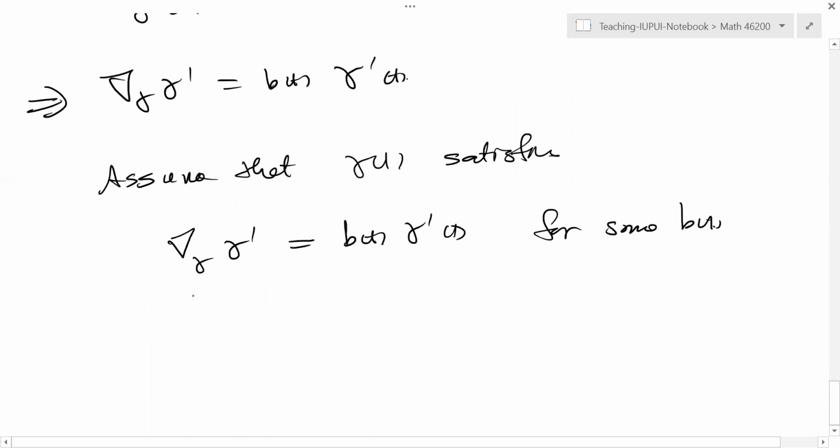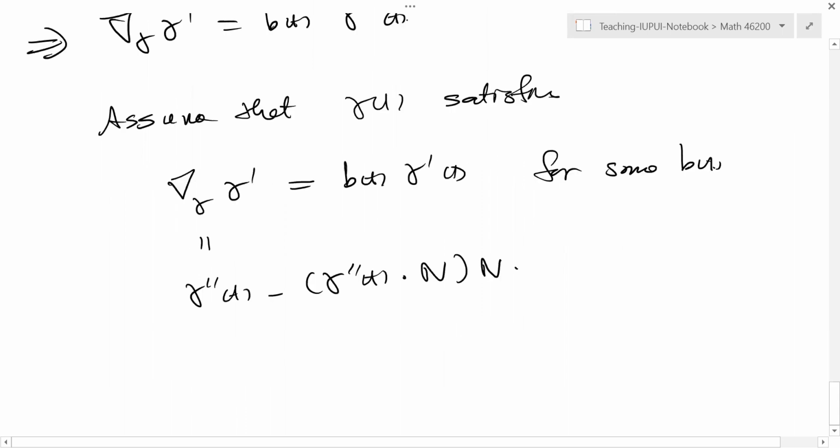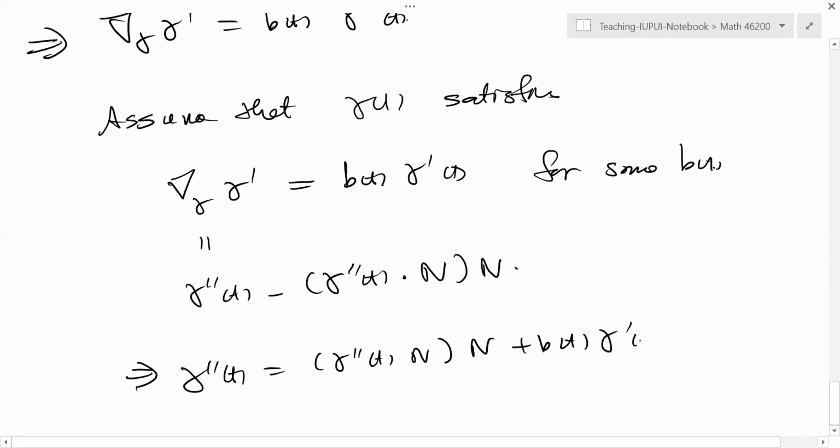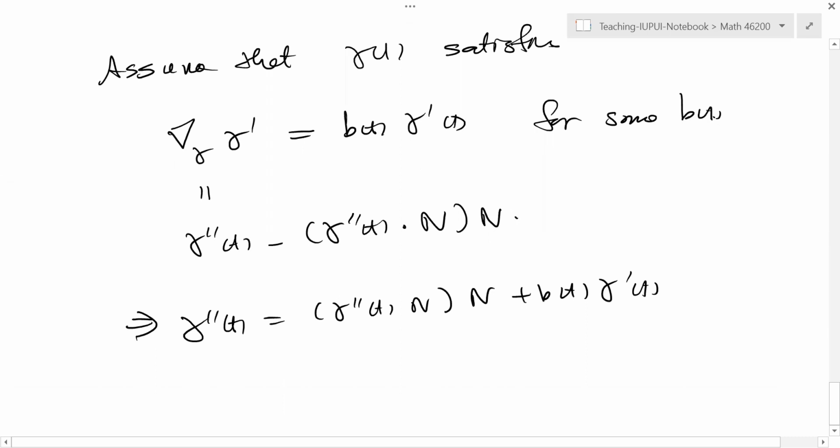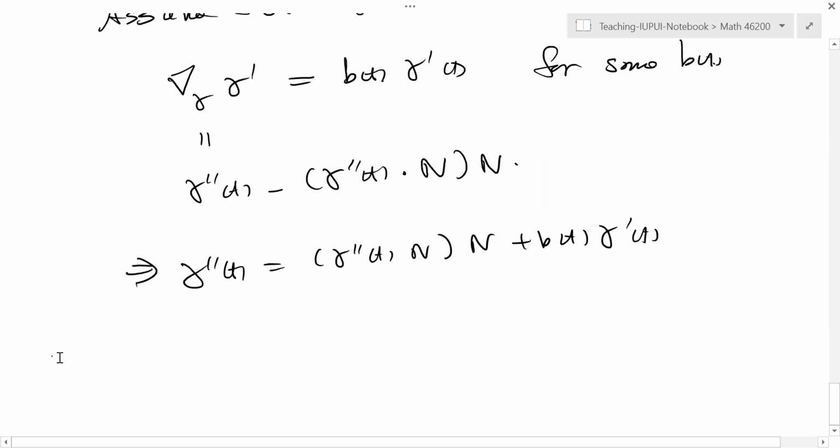Now, according to the definition, this is nothing but gamma double prime(t) minus the component of gamma double prime along n. So that implies gamma double prime is this form. So that's it. So this is a geodesic. So now we conclude the following result. We call it a proposition.